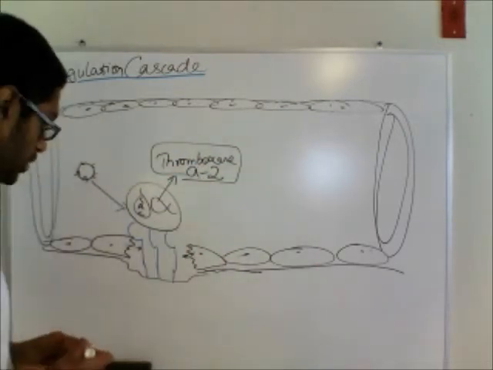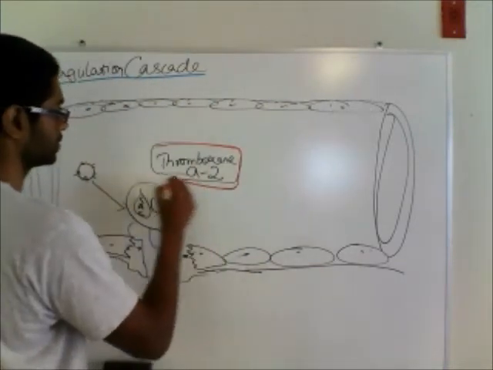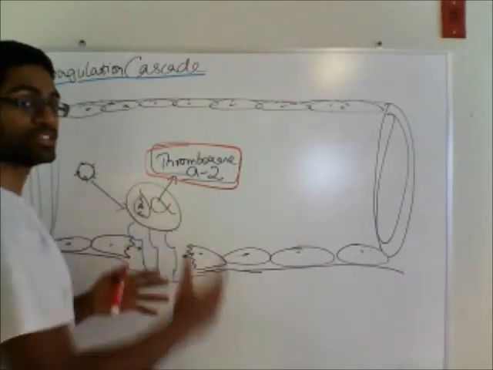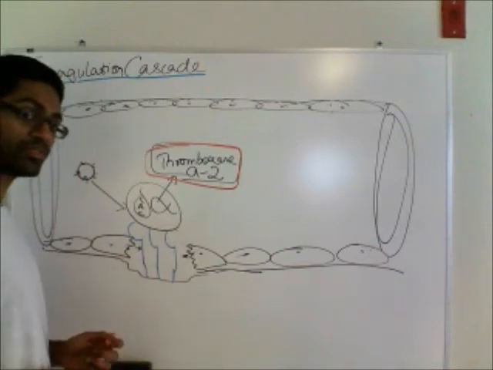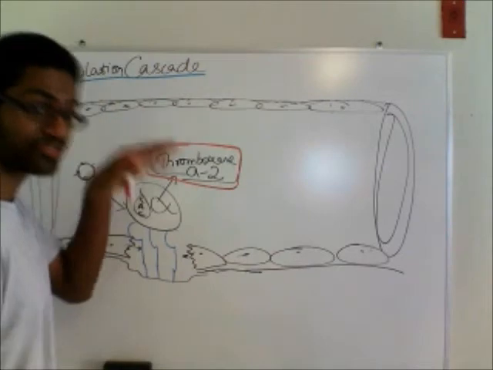That's very important, so keep that in mind. Platelets produce thromboxane A2, and this is a very potent vasoconstrictor. So not only do the endothelial cells start producing vasodilators, now these platelets start producing vasoconstrictors, so the blood vessel further constricts.